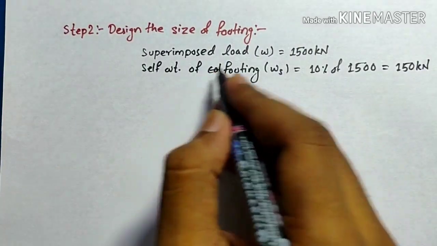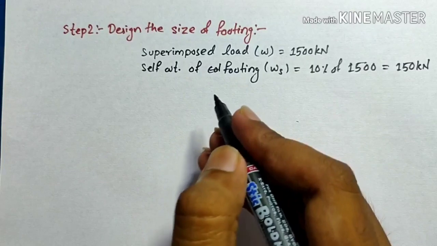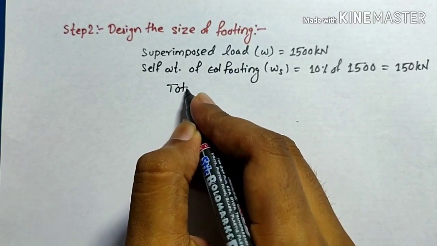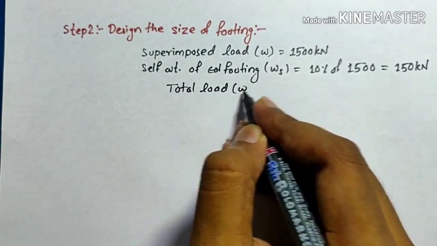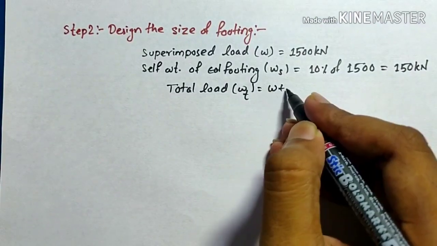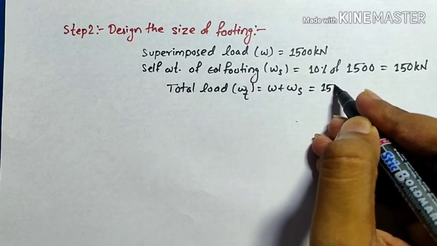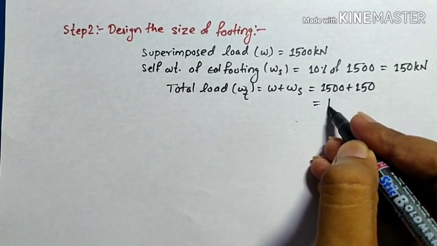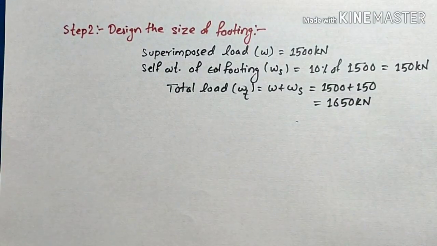Now we have come to know the superimposed load and the self weight. So the total load W equals to W plus WS. So add this 1500 plus 150, and this is going to be our 1650 kilonewton.